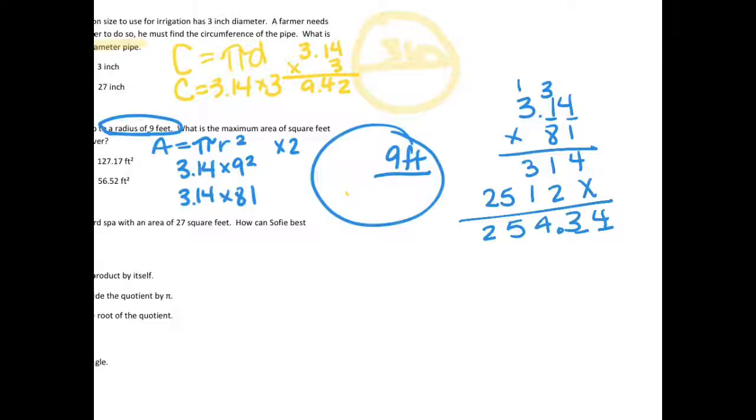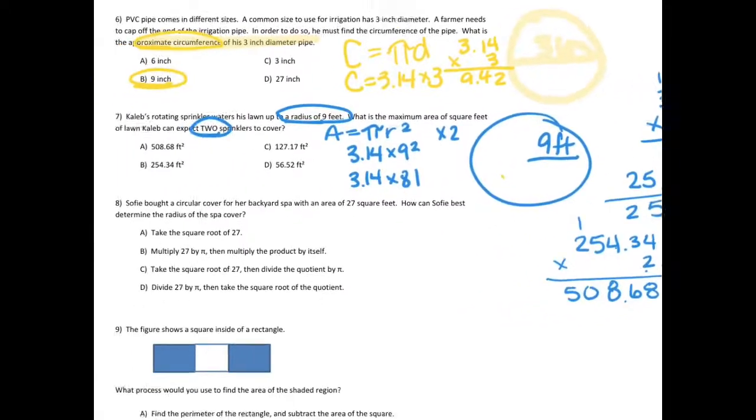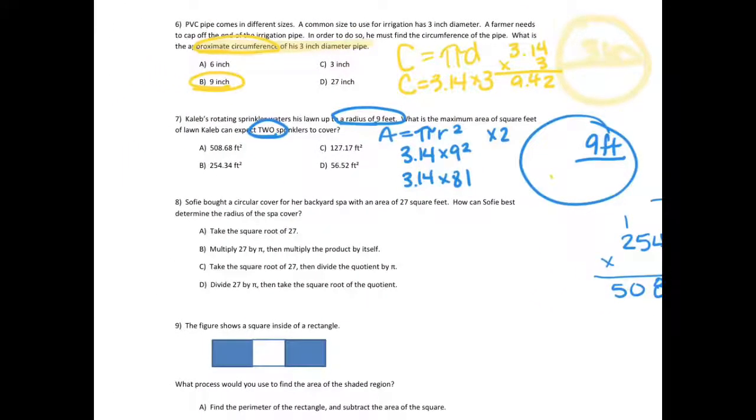Okay, and then I'm going to have to double that, so 254.34 times 2, because he has 2 of those sprinklers. And so I got 508.68, which is answer choice A.